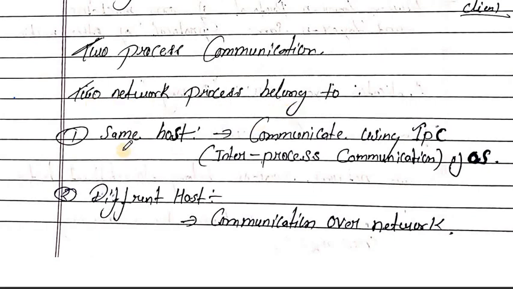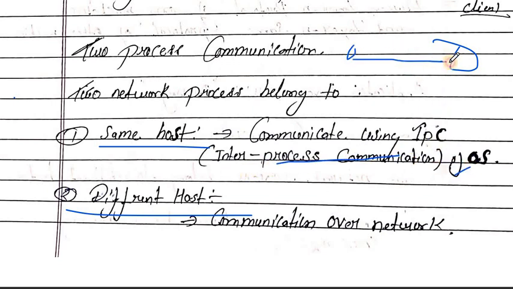Two network processes can belong to the same host or different hosts. This means there are two processes doing network communication. Inter-process communication by the OS means one process and a second process on the same host, on the same machine, communicating with each other.